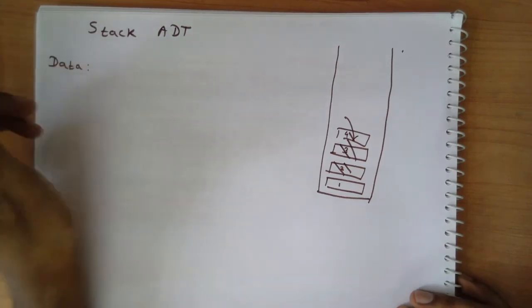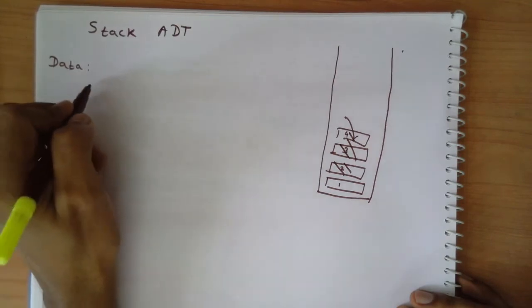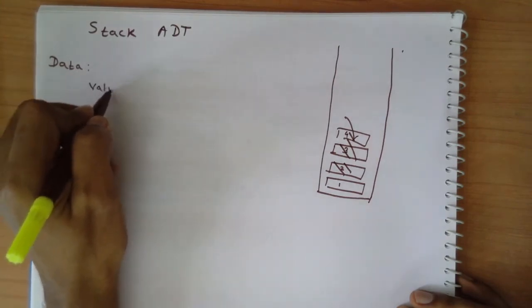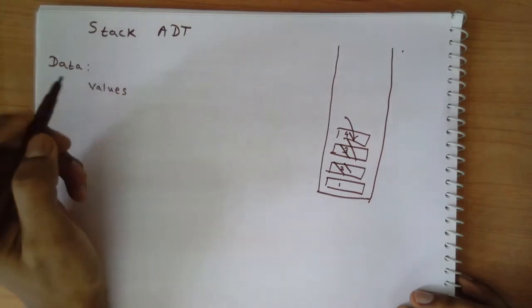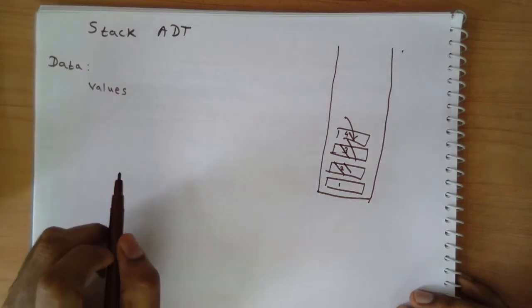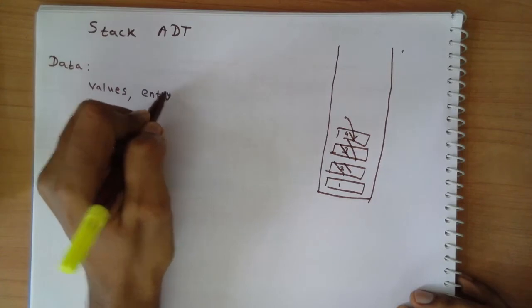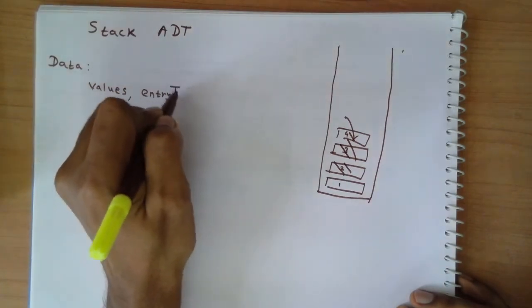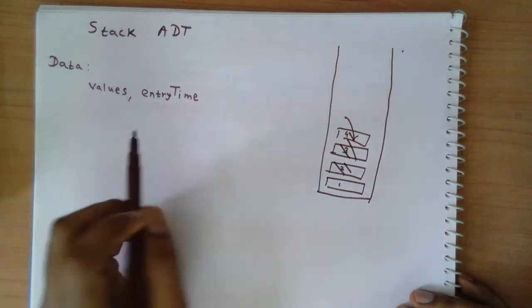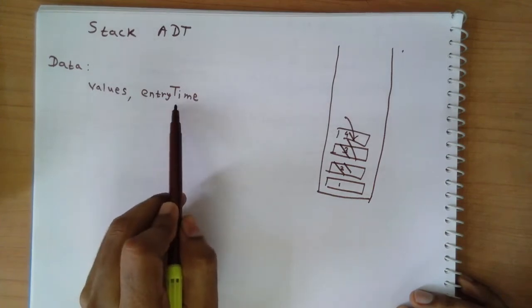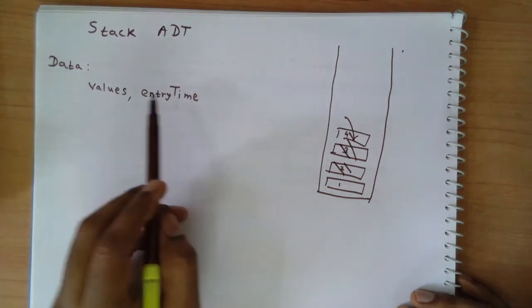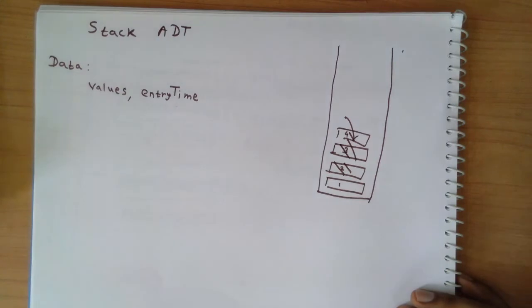It should be able to store the values, and it should be able to store their entry time. Sometimes we might store this explicitly, sometimes implicitly. That's what it should have.